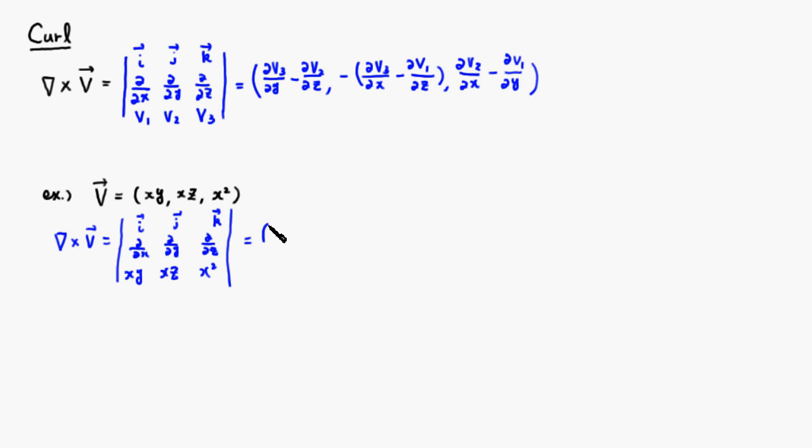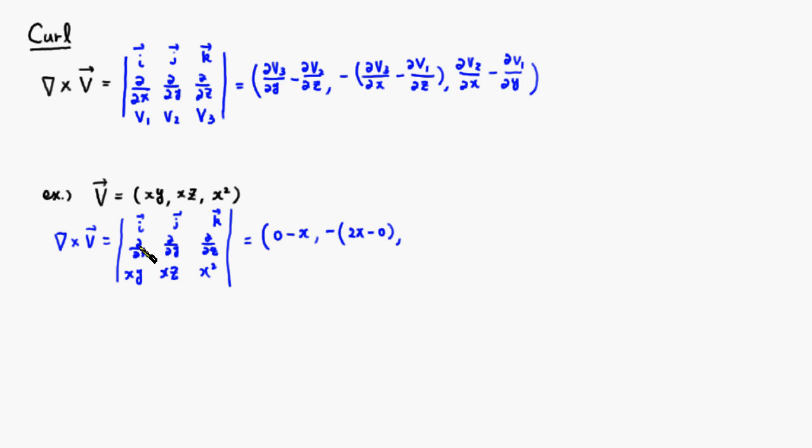So the first component is partial of x squared with respect to y, so that's 0, minus partial of xz with respect to z, so that would be x. Then negative: partial of x squared with respect to x is 2x, minus partial of xy with respect to z is 0.